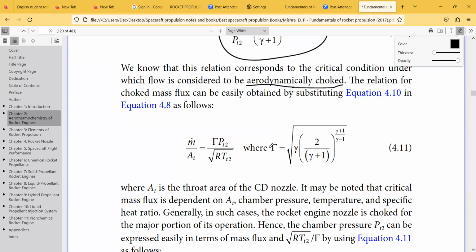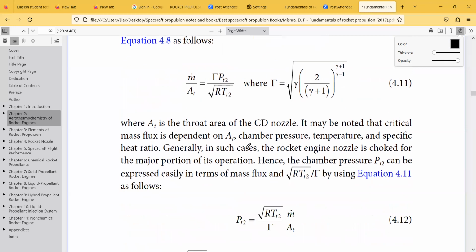So for that, we represented this kind of symbol. So we can find m dot over AT, which equals this quantity times Pt2 over the square root of RTt2. So this is the choking condition, where AT is the throat area of the convergent divergent nozzle.